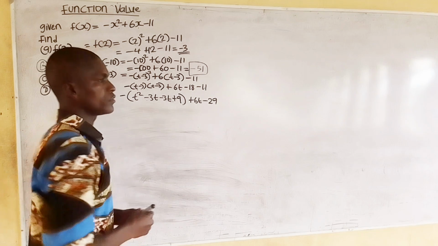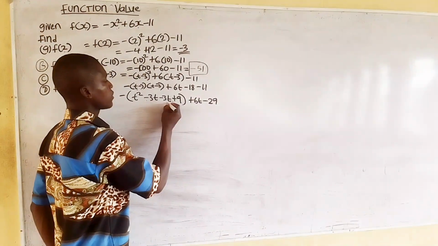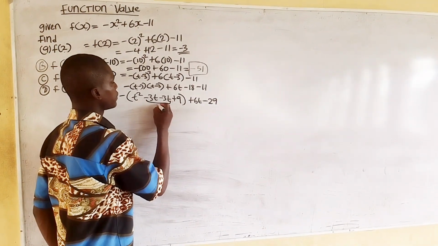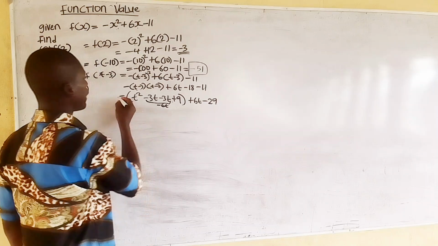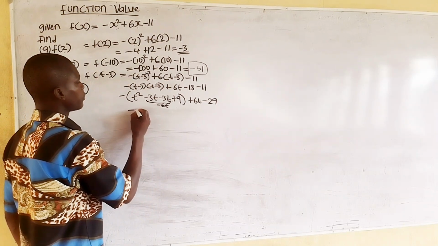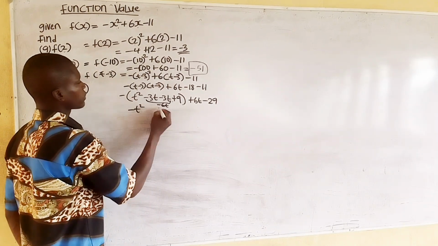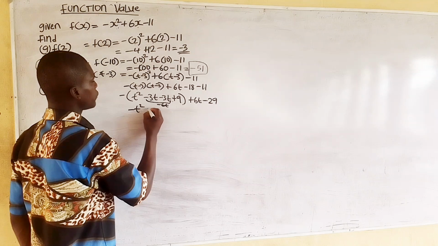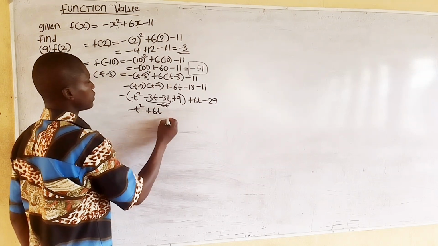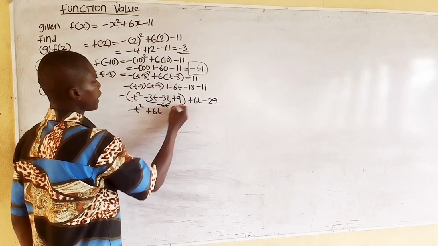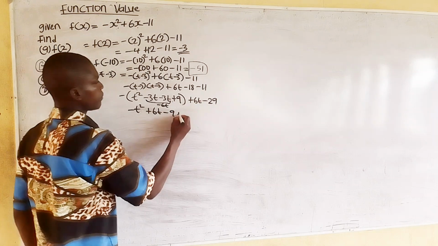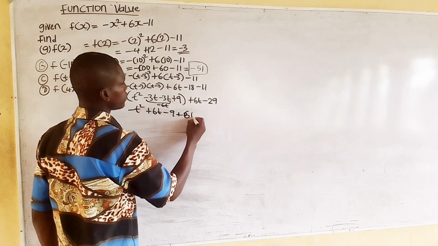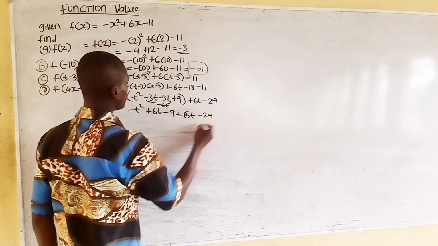Then, you already know that minus 3t minus 3t will give you minus 6t. Then minus times t squared will give you minus t squared. Minus times minus 6t will give you plus 6t. Then minus times plus 9 will give you minus 9. Then plus 6t minus 29.